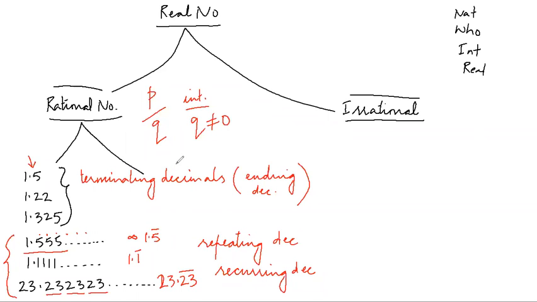Now, interesting thing, students, if this is the definition of rational numbers, the question arises whether these terminating decimals and repeating or recurring decimals can also be converted into this form. Let's see. Well, if you talk about the case of terminating decimals, this is very simple.